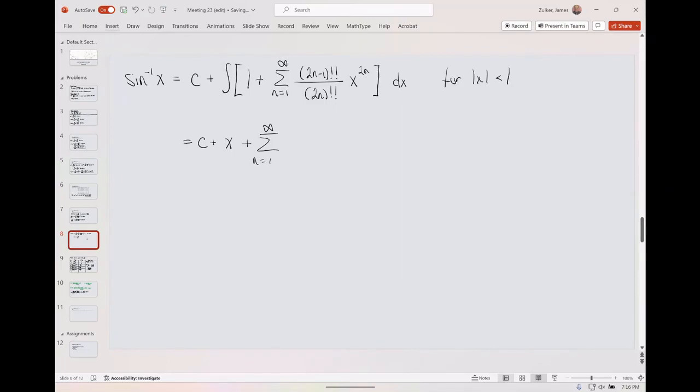So it's still n equals 1 to infinity. That's going to be a constant. Now, what is the antiderivative of x to the 2n?